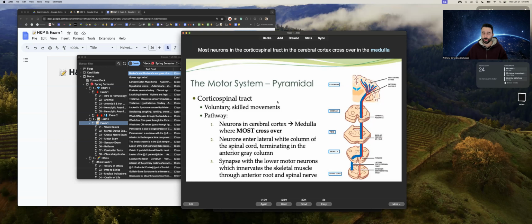So I think, in other words, if there's an issue with voluntary skilled movements like raising your arm, then the lesion is going to be on the left side, because if my lesion is here, it's coming down, it's hitting my medulla in my brainstem, and then it's crossing over and affecting weakness in this side. I think that's the idea here. This is a voluntary skilled movement. If there's a weakness, because this is corticospinal, the lesion's going to be on the opposite side. I think that's the idea here.